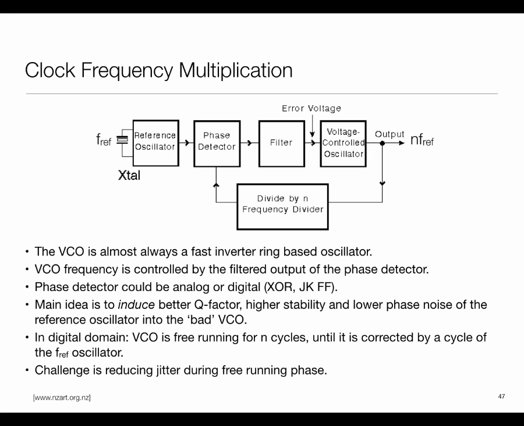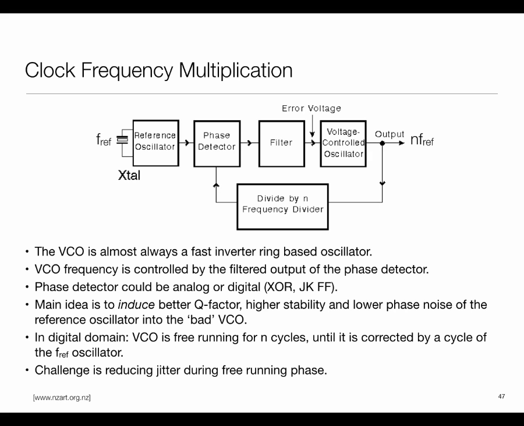Then we take this signal and divide it by n. We know division very well. We can divide a digital clock very well. So if this signal is identical to this, and this is divided by n, that means this must be n times the signal out here. By closing this feedback loop, I end up generating a signal which is n times the input.